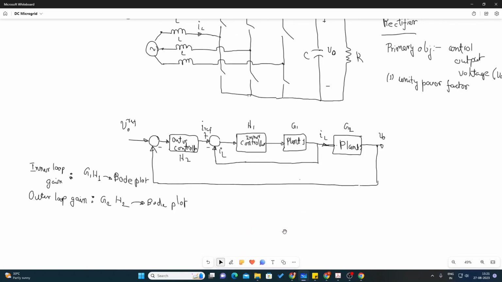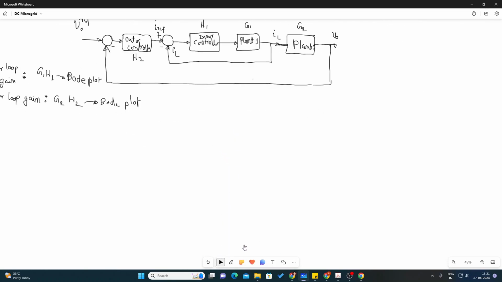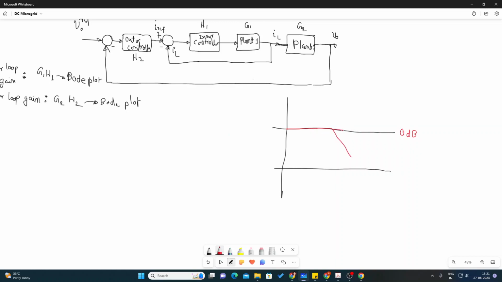Let me show you using the Bode plot only. Let's say we have a unit gain, so this is the 0 dB line. One curve is like this, the other one is like this. So this is G1H1.